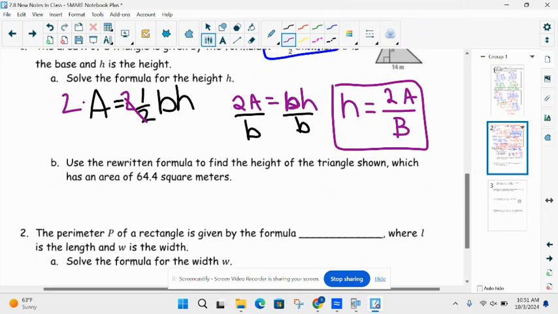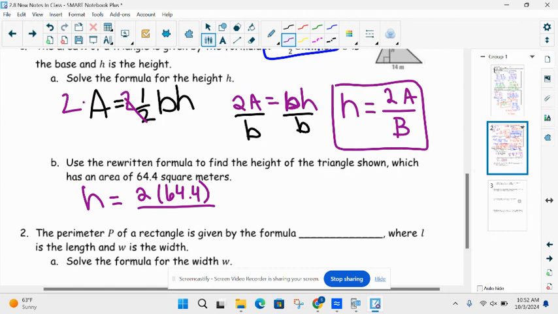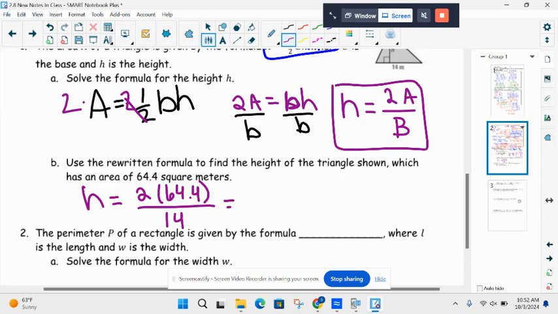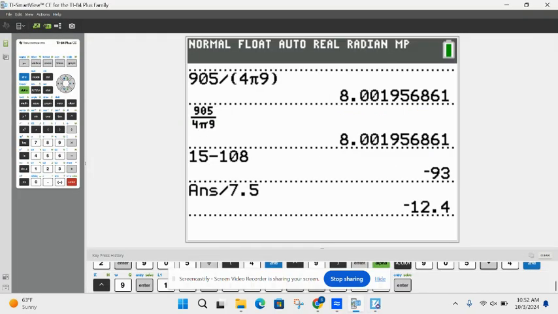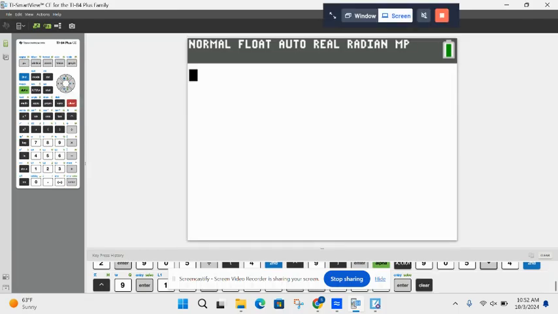And then for part B, it says use the rewritten formula to find the height of the triangle shown. So you would have 2a, which is 64.4, over the base. It should be lowercase b, 14. Okay, then you type that in your calculator. You do not need to use a fraction button, just multiply and then divide.